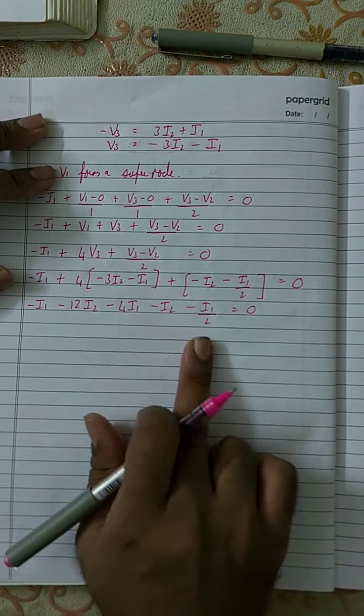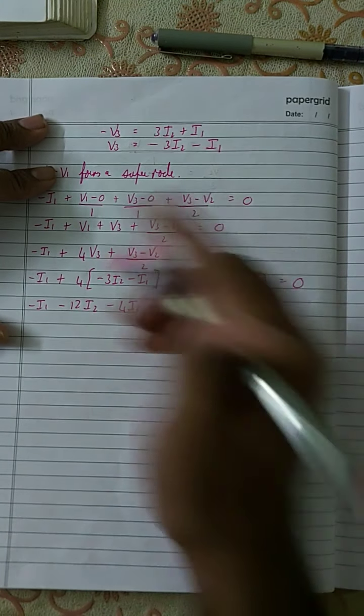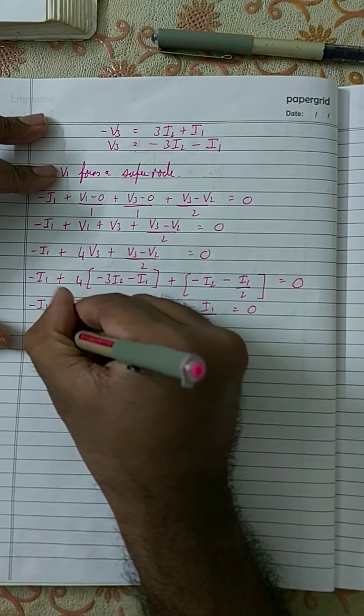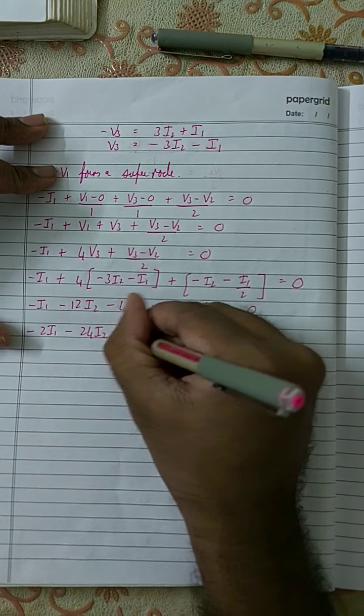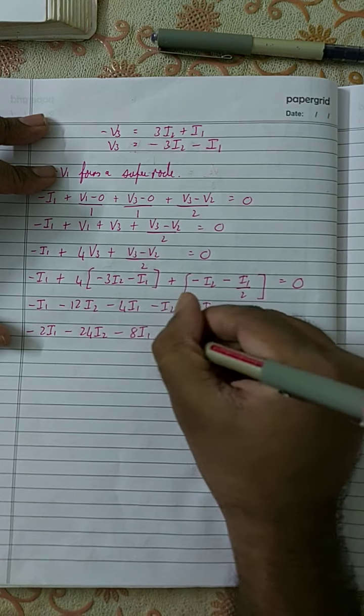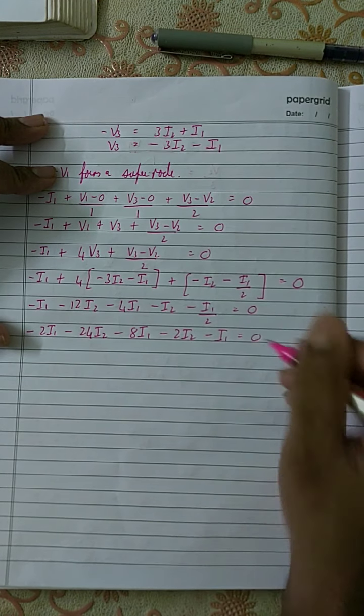Okay, I want to remove this 2. So what I will do is I will multiply this entire equation by 2. So I will get minus 2I1 minus 24I2 minus 8I1 minus 2I2 minus I1 is equal to 0.